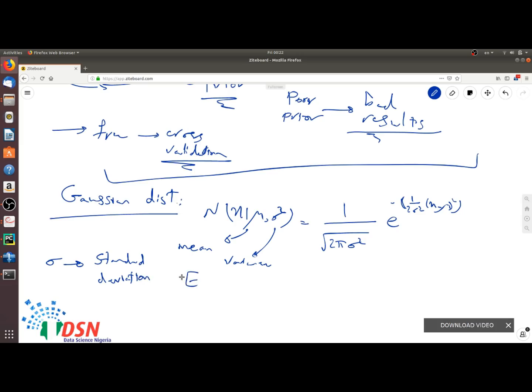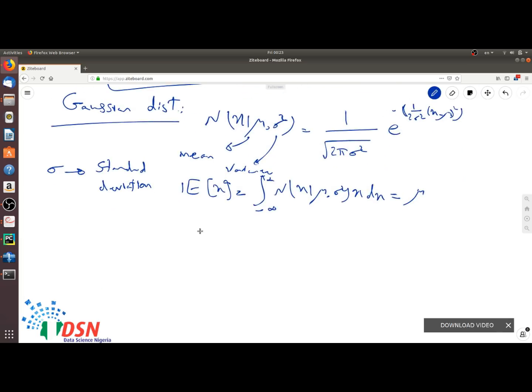If you calculate the expected value of x, which is the integration of the probability density function times x dx, it is equal to mu. So this is one reason that we call this parameter mu the mean, because it is the mean of this distribution.